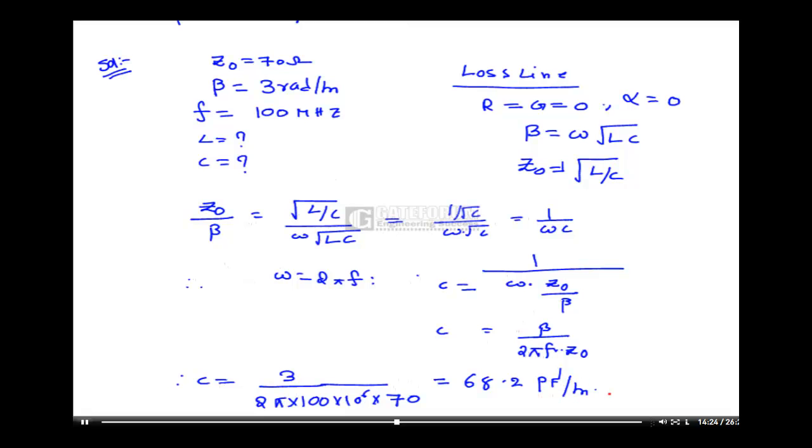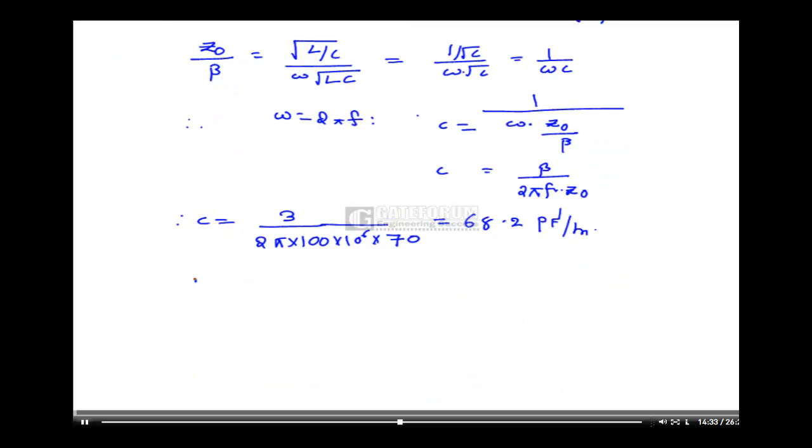Now we have to calculate the L value, because the C value we already got. Z0 is equal to square root of L by C. So Z0 square is equal to L by C, which implies L is equal to Z0 square into C value. Z0 we know, C we know. We substitute those two values: 70 whole square into 68.2 into 10 power minus 12 because of pico.